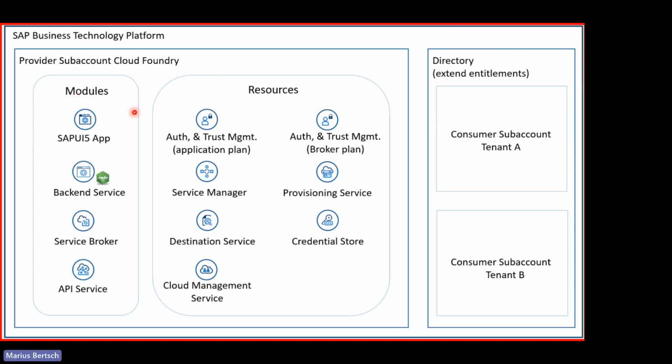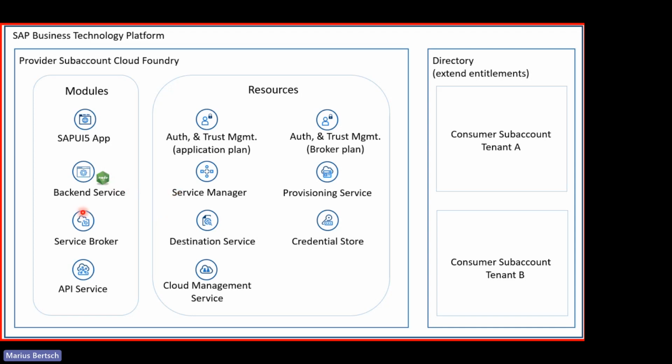Now let's go to the modules part. Here, modules are services or applications created by yourself. In our case, we have a simple SAP UI5 app, which is based on a Node.js backend service. I think you are all familiar with that. And we also have a service broker, which enables us to create our own services.